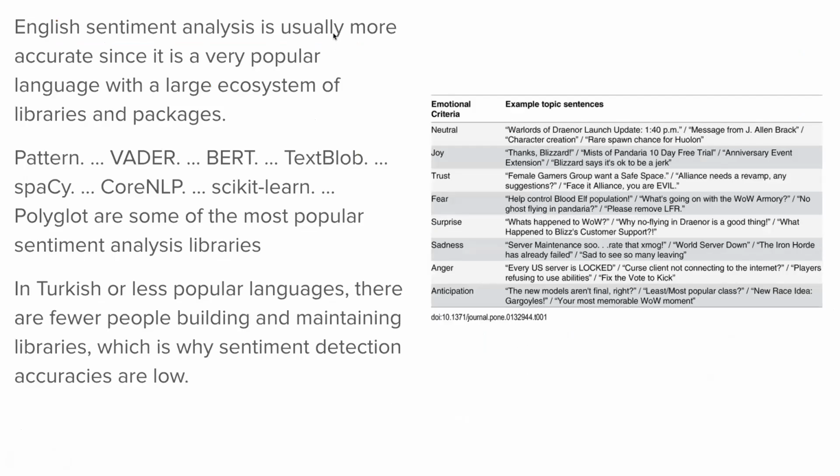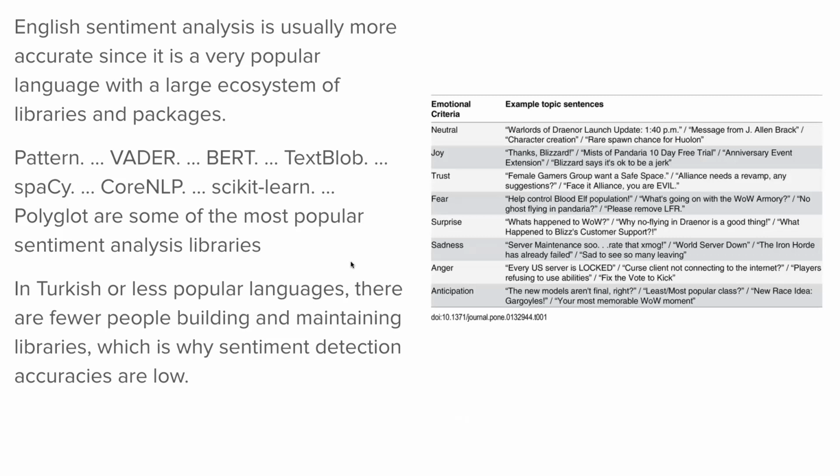So English sentiment analysis is usually easier because English is a very popular language, and you have very large libraries and very large packages that do English sentiment analysis. There are packages such as Vader, Pattern, BERT, TextBlob, SpaCy, Core NLP, Scikit-learn. These are some of the most popular sentiment analysis libraries in English, and they're very accurate.